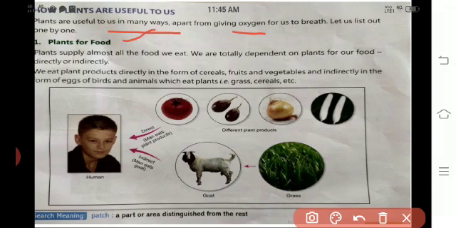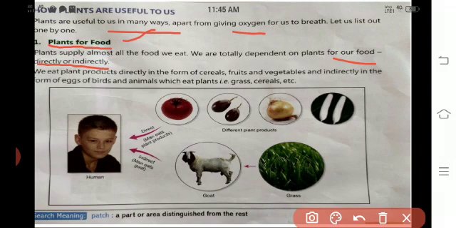First one, plants for food. Plants supply almost all the food we eat. We are totally dependent on plants for our food, directly or indirectly.